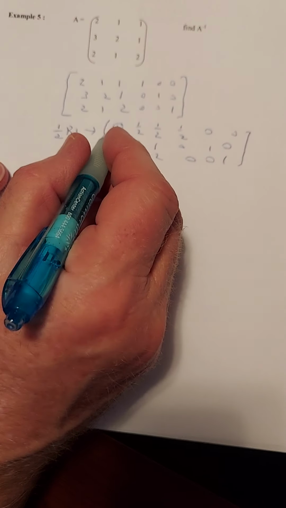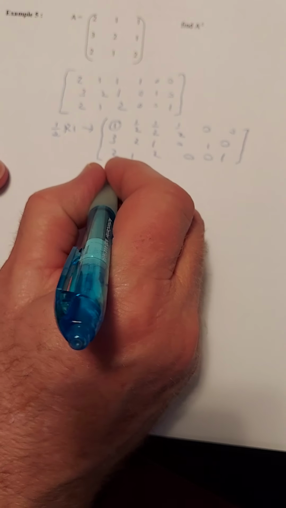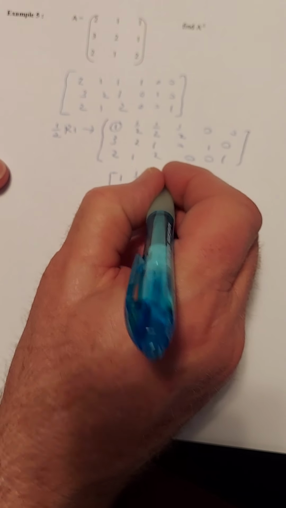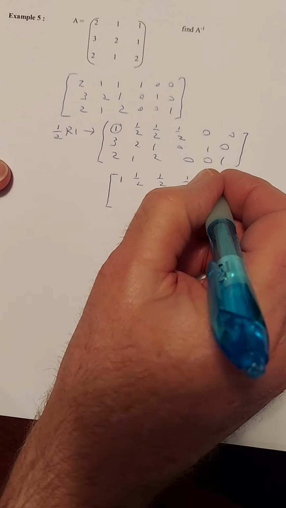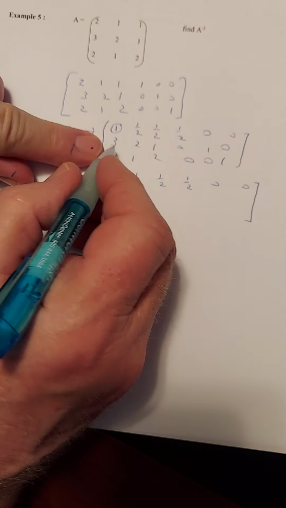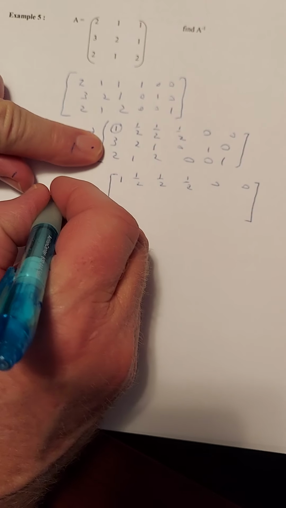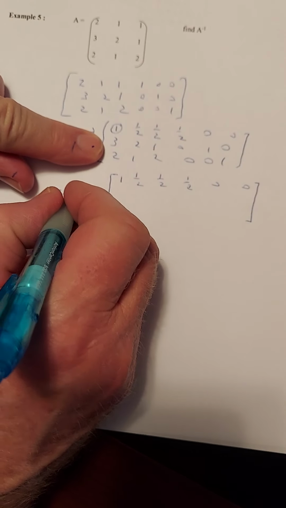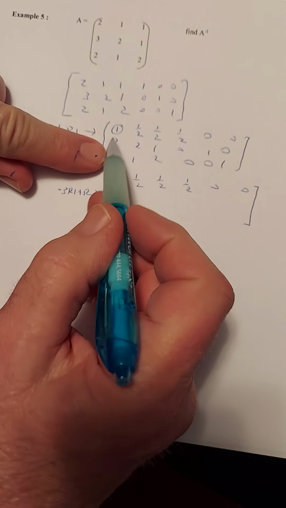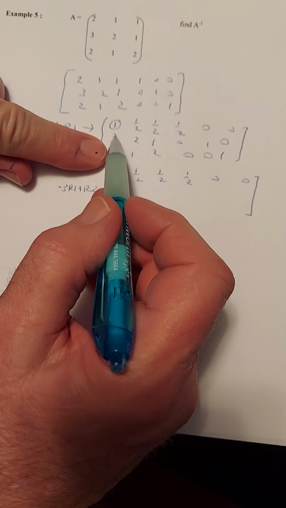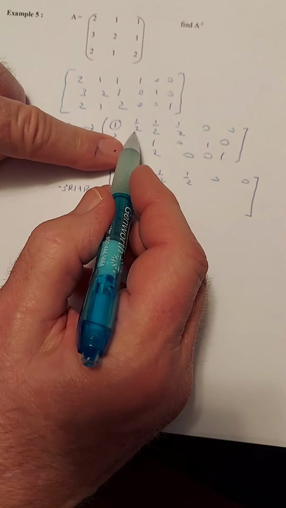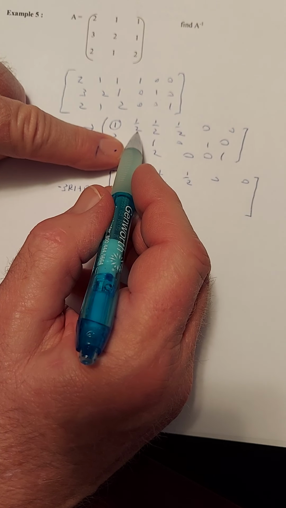So now that I've got the 1 here, I want to get zeros below it. So row 1 will stay the same, so I'm simply going to copy those. To get a 0 where the 3 is, I'm going to multiply by -3 times row 1, because that's where the pivot is, and I'm going to add it to row 2. So -3 times 1 is -3 plus 3 is 0. -3 times 1/2 is -3/2.